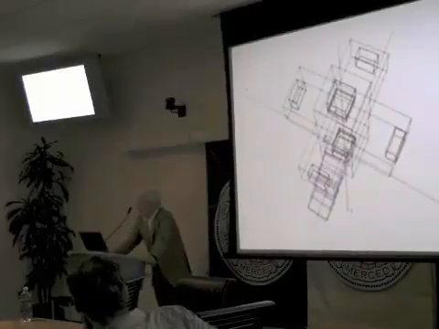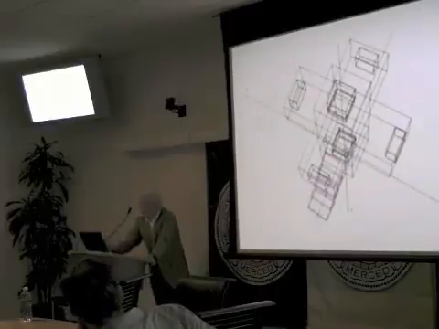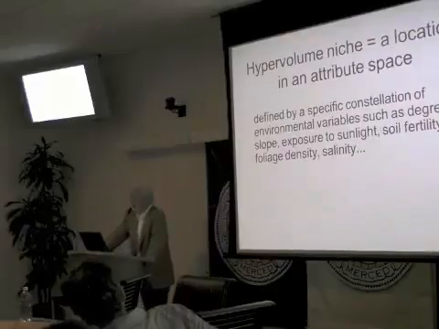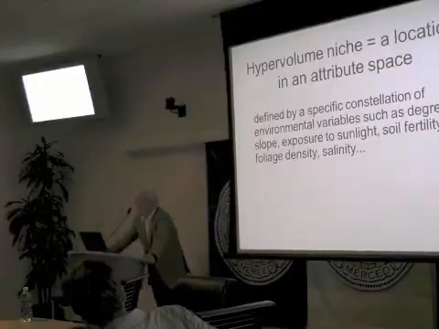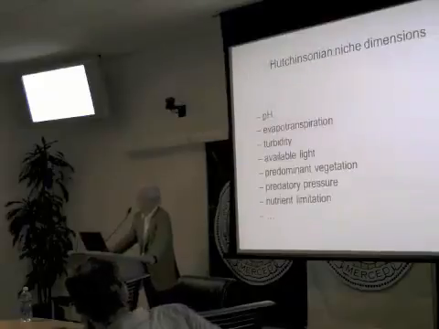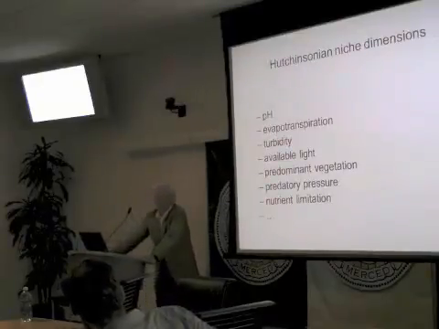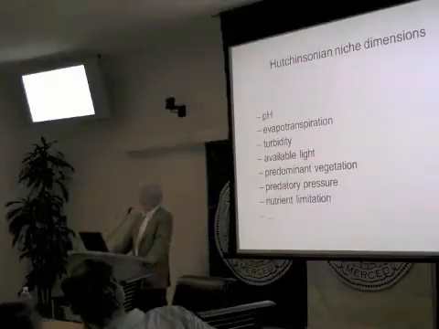So from the Hutchinsonian point of view, each niche is a room in this n-dimensional hotel. And the variables which make the dimensions of the hotel are things like exposure to sunlight, soil fertility, foliage density, salinity, radioactivity, and so on. Or turbidity, or available light, or predominant vegetation, predatory pressure, nutrient limitations.